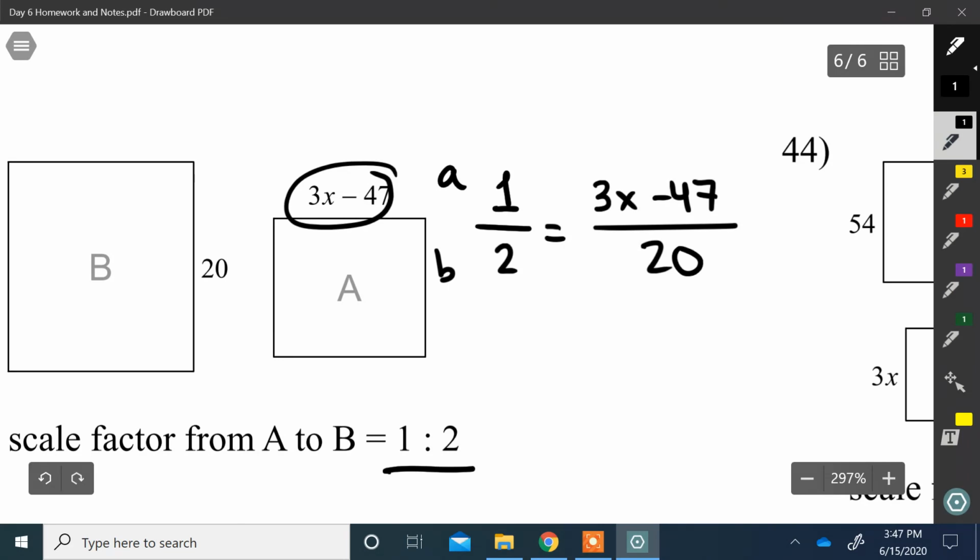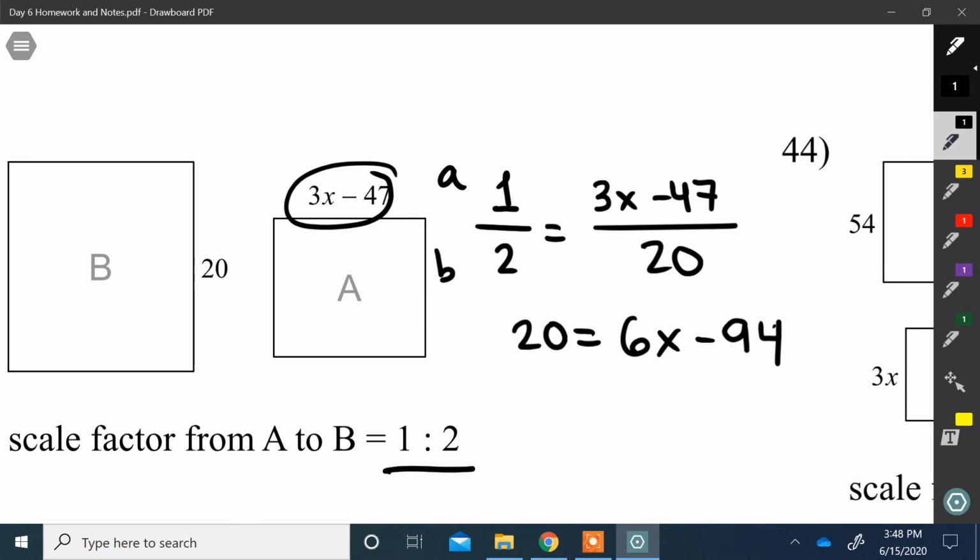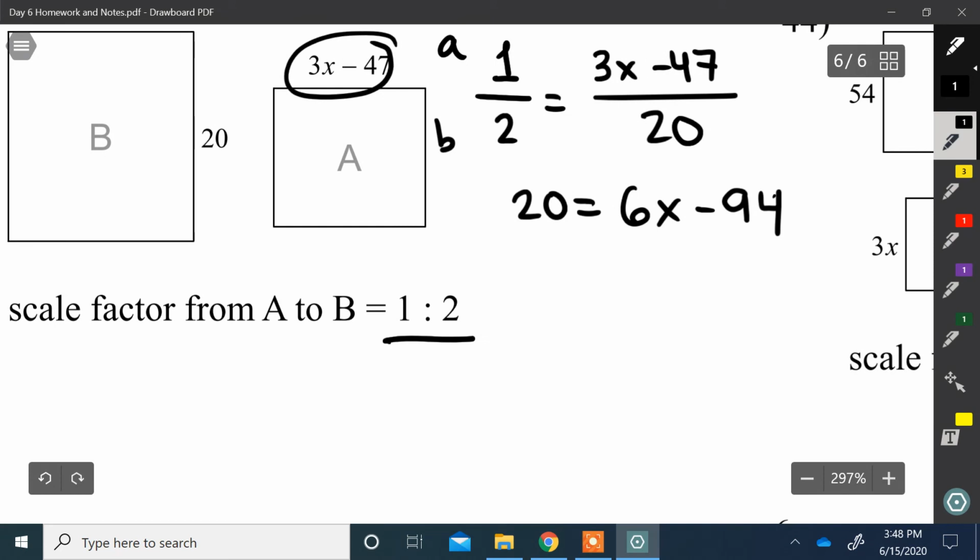Cross multiply, you get 20 is equal to 6x minus 94. Yeah. Add 94 on both sides.